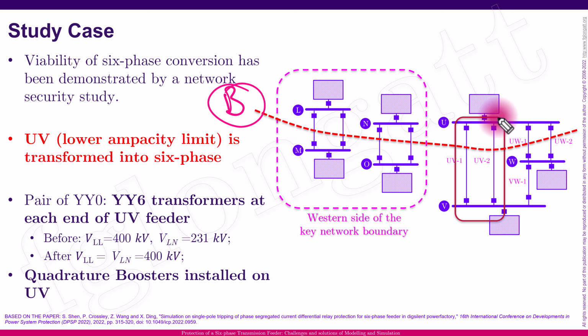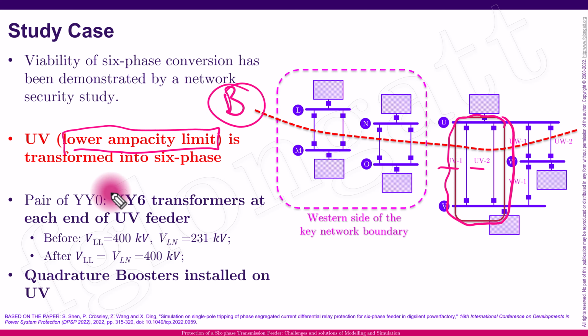In particular, here in the red color, we are interested in those two important transmission lines, UV1 and UV2. The idea is that UV1 and UV2 have a lower ampacity limit, and we want to increase that using a 6-phase system. To do so, we are using transformers, and those transformers are star 6.